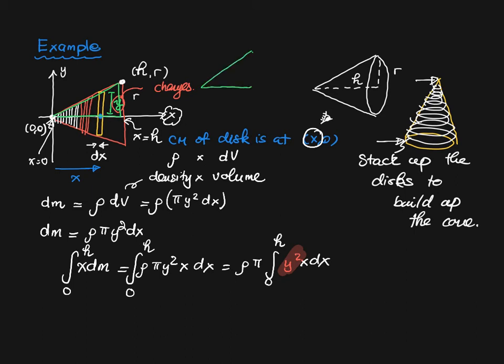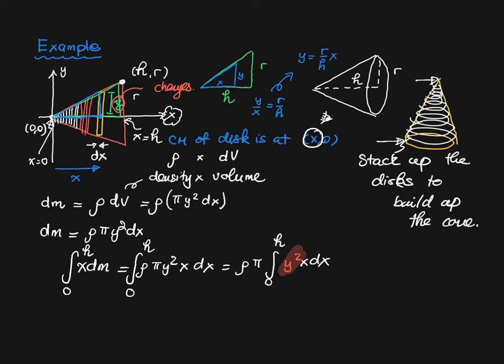This side is r and this side is h. Now we are going to consider this small triangle inside the big triangle. This side is x and this side is y, and therefore we have y over x equal to r over h, and so we have y equal to r over h times x.